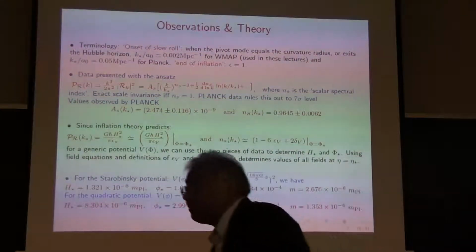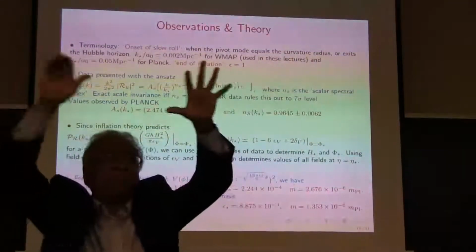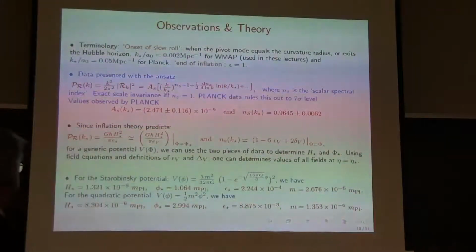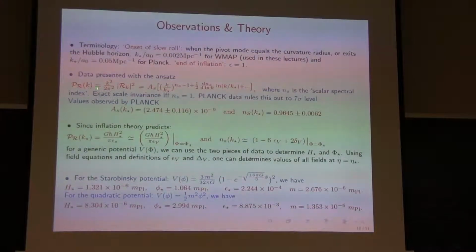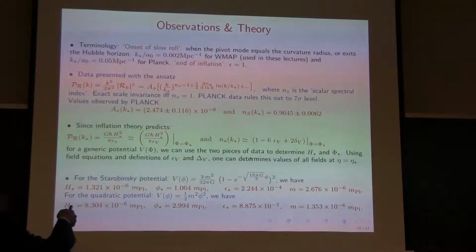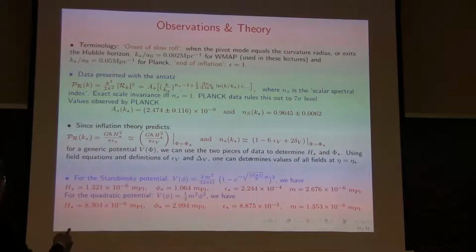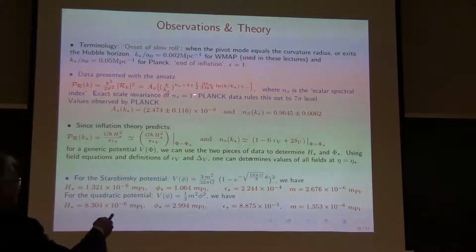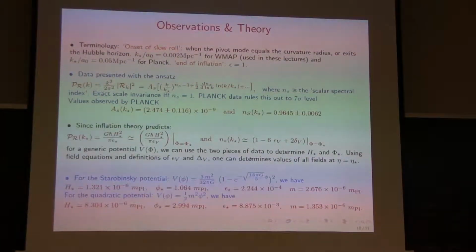In experiments, people are measuring the power spectrum, how much power there is in various wavelengths, and this power spectrum is parametrized. Its theoretical definition is this for the scalar modes. That followed from what we did before, and we express this power spectrum by a certain ansatz. This is just a convenient ansatz to give us some parameters so that we can fit the data.